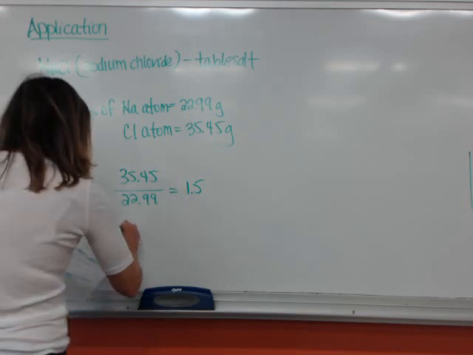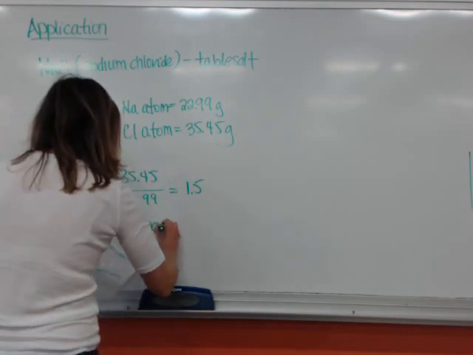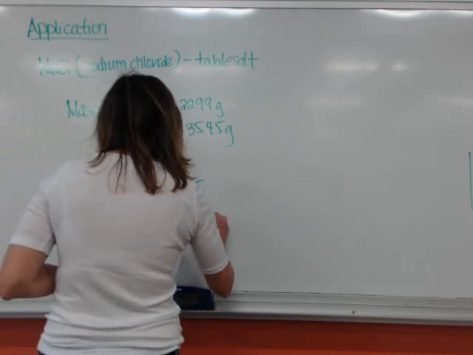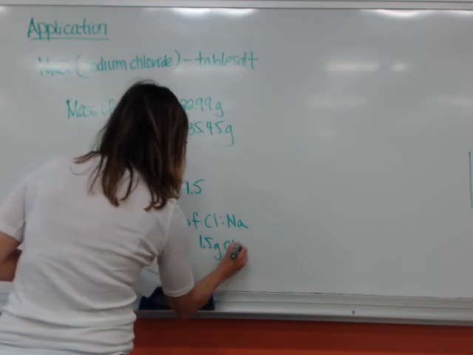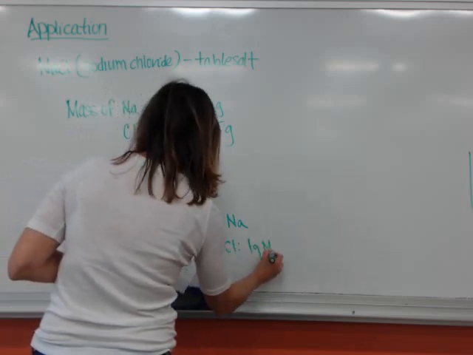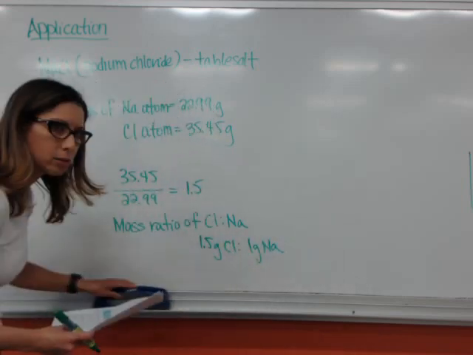This tells us that the mass ratio of chlorine to sodium is 1.5 grams of chlorine for 1 gram of sodium in sodium chloride.